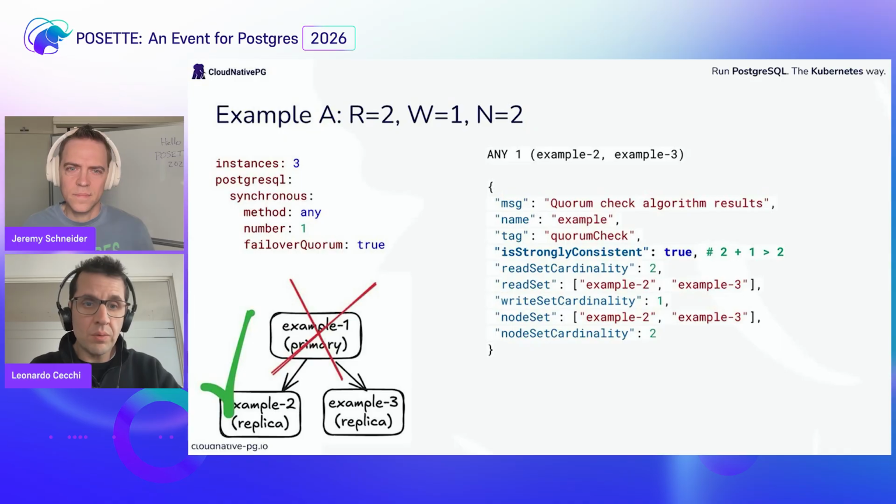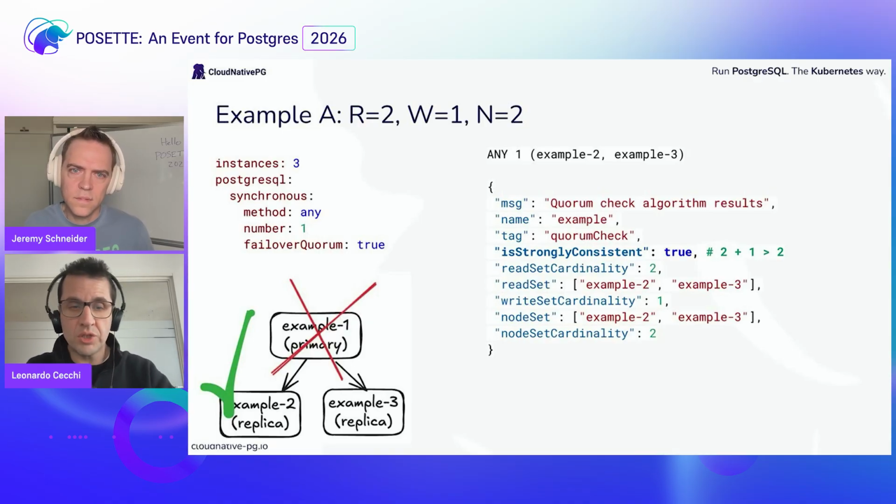So let's have a look at this example. It is just an exercise, but it's a situation that is commonly deployed. This is just a 3 instances cluster with synchronous replication, because I totally agree with Jeremy, synchronous replication is absolutely important.